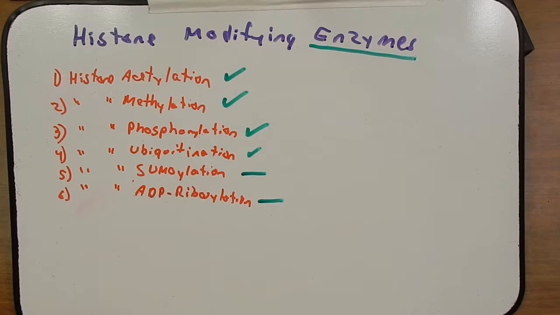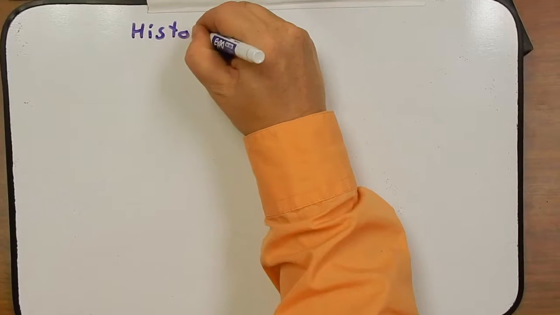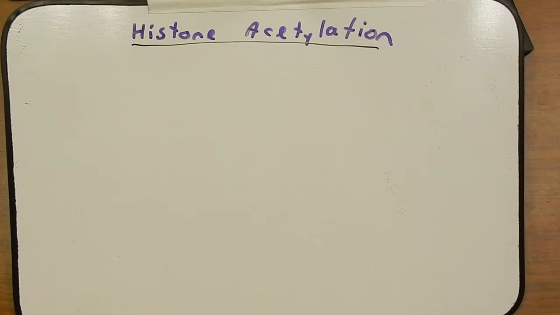So let's get started here with histone acetylation. Histone acetylation is one of the most positive marks on histones, particularly H3, that suggests active transcription.